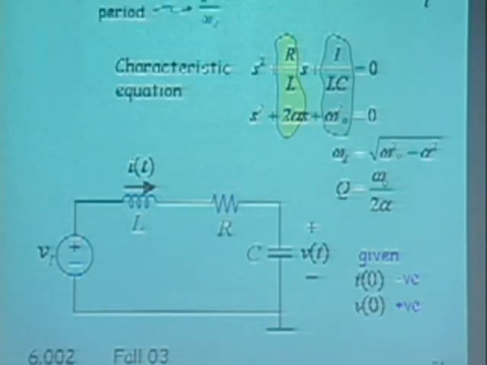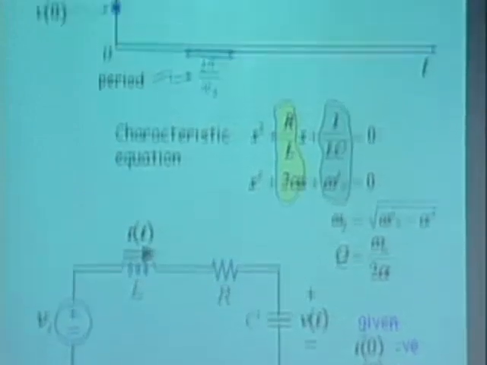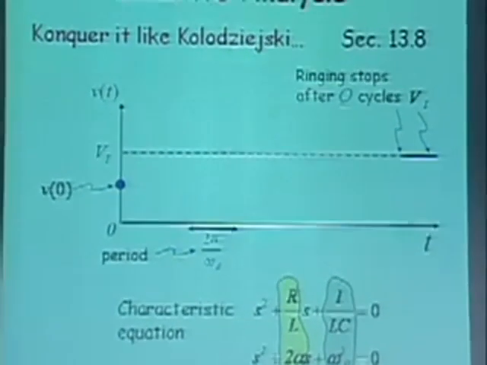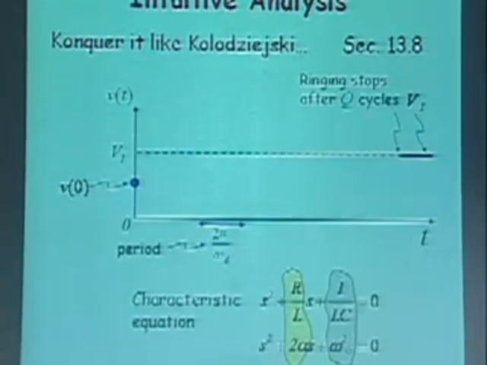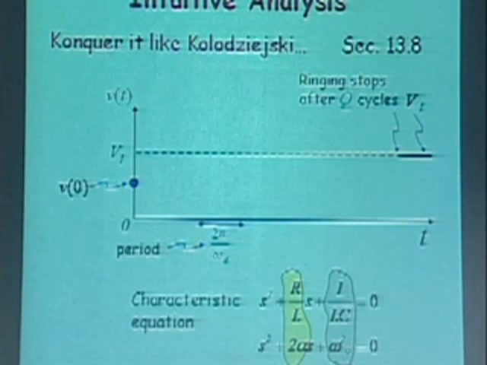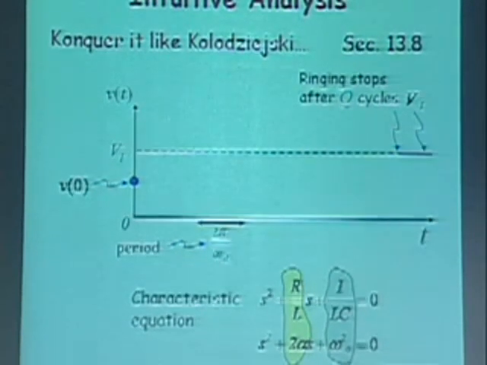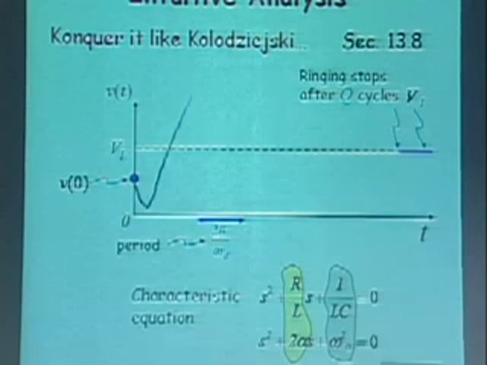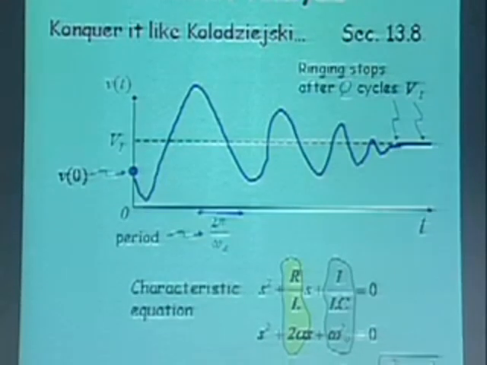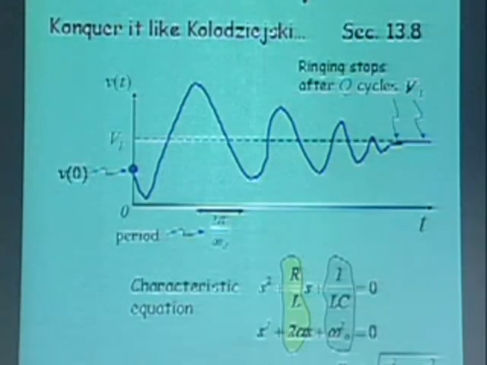So my frequency of oscillation is now known. From Q, I know how long it rings. So I know it rings for about Q cycles. So I know that ringing stops approximately here. And then I know that between the start and end point, my curve kind of looks like this. Something like this. Right there, we're 95% of the way there.